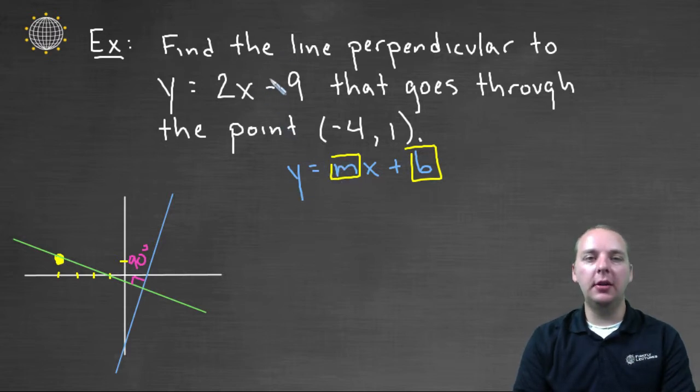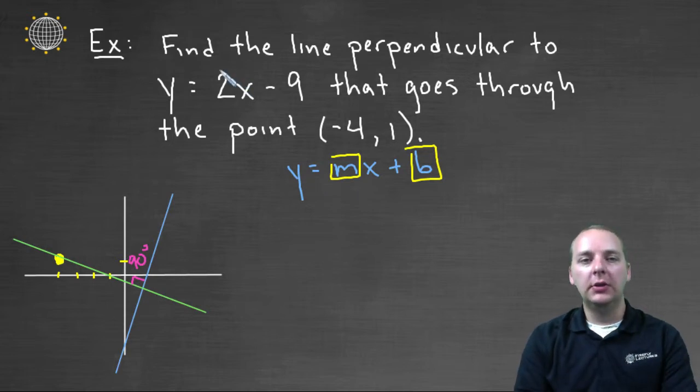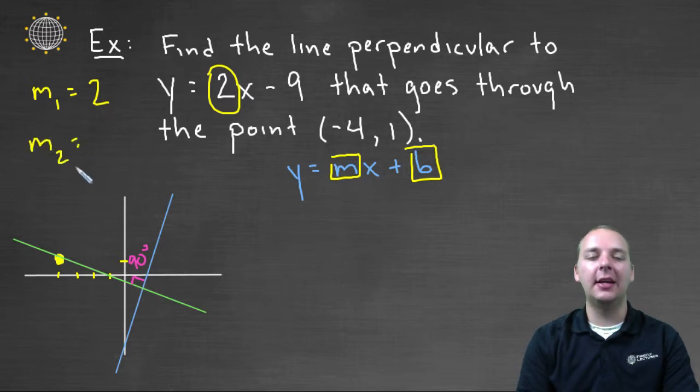If we're given the equation of the blue line, then we should be able to figure out the equation of our line, because we know how perpendicular slopes are related to one another. So if the slope of the blue line is 2, we'll call that m1 is 2, then what's the slope of the second line?